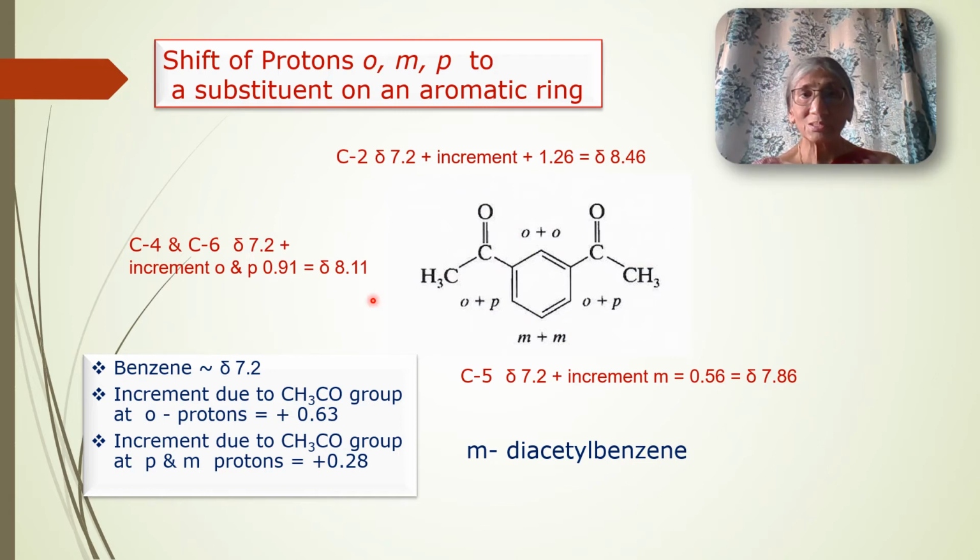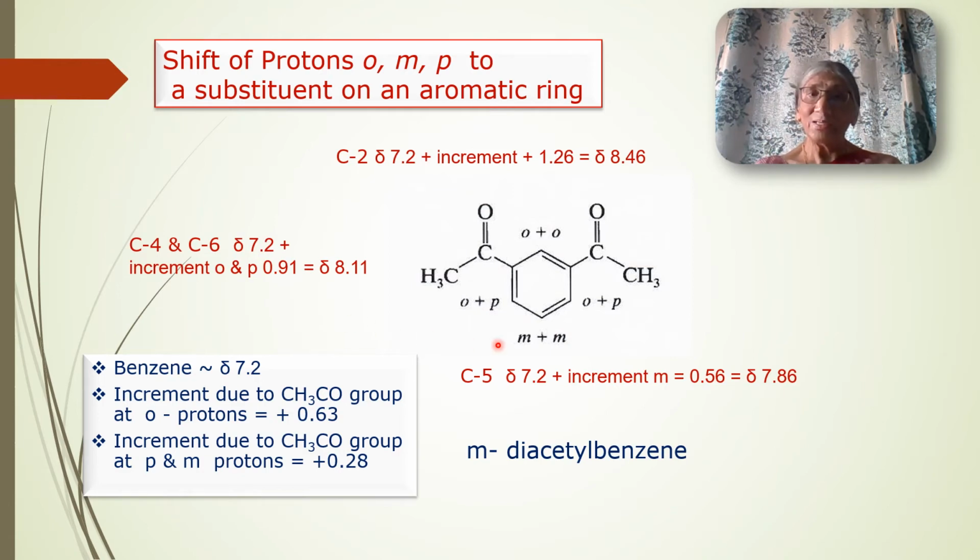So C4 and C6 protons will observe the ortho increment as well as the para increment. The ortho increment is 0.63 and the para increment is 0.28. If we add 0.63 and 0.28, it becomes 0.91. So by adding 0.91 to the base value of benzene, that is 7.2, the resonance frequency of C4 and C6 protons will be 8.11.